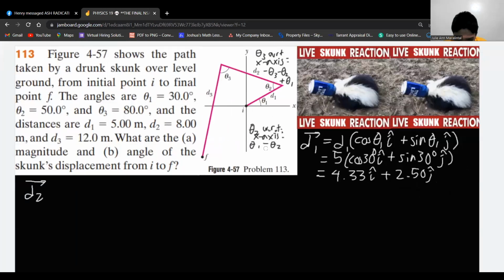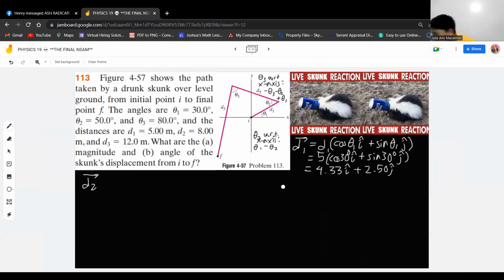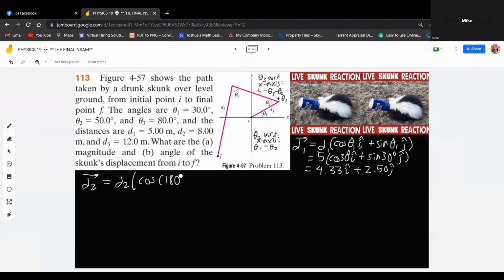Let me check using these angles. Theta 1 is 30, theta 2 is 50, and theta 3 is 80.